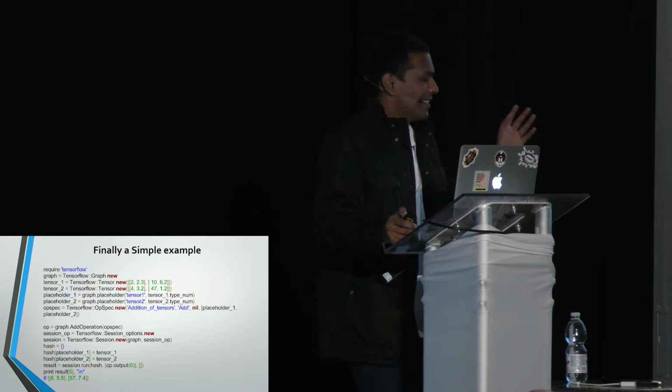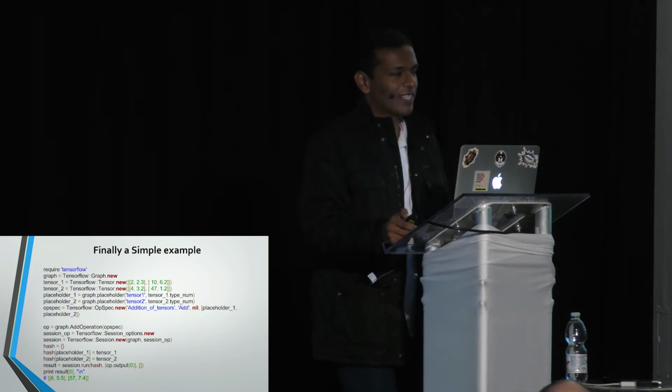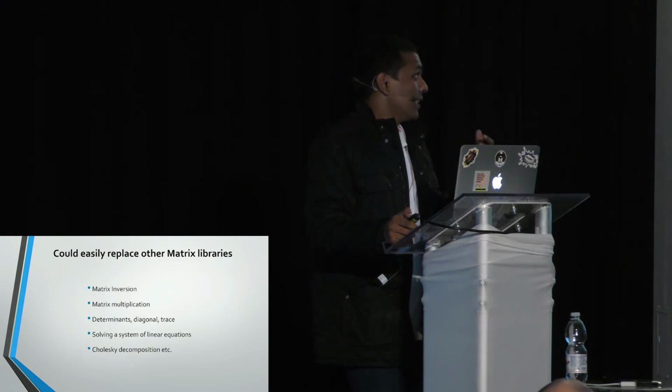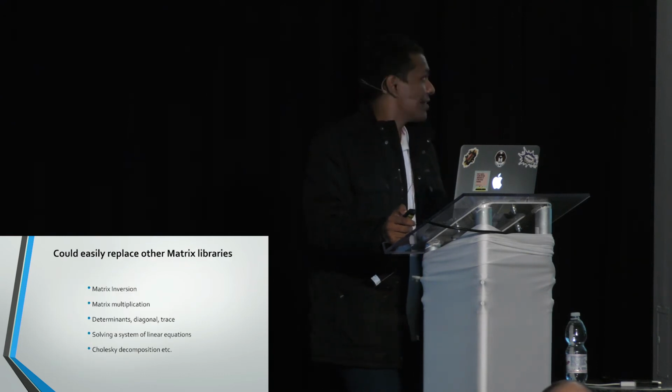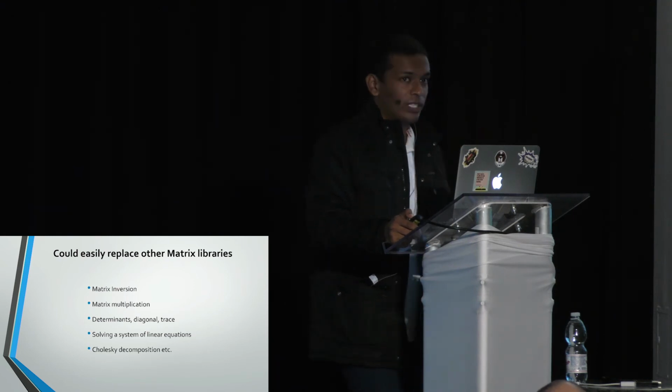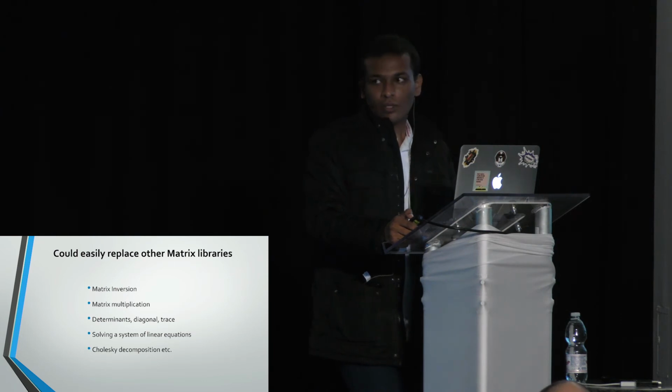Well, this was a really simple example of matrix addition, and this looks really complicated. But think of other matrix operations like inversion or determinants, finding diagonals, solving a system of linear equations, decomposition, and so on.